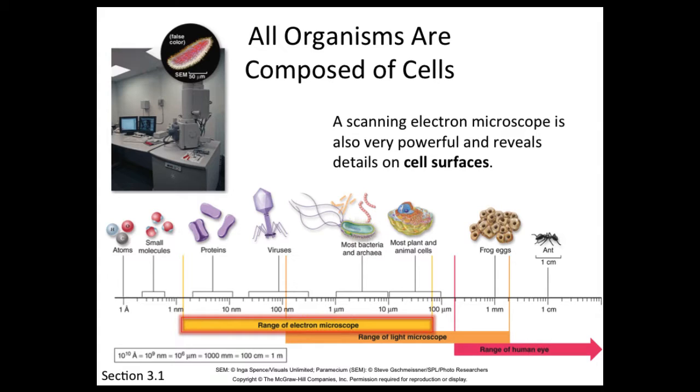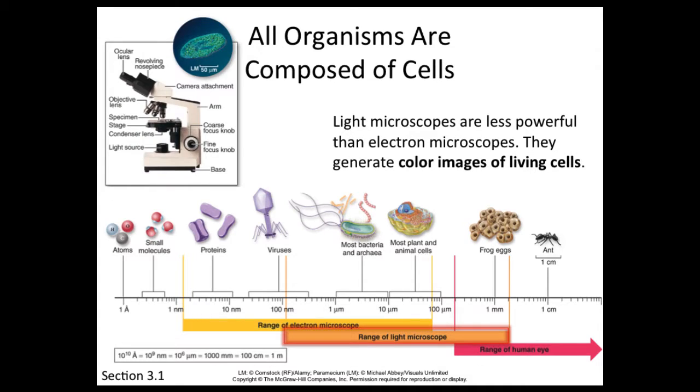However, this allows us to see the details on the surface of a cell. So it shows that cell in 3 dimensions with all of the parts on the outside of the cell. And finally, light microscopes are less powerful, but they're very useful for biologists. This allows us to generate color images of living cells.